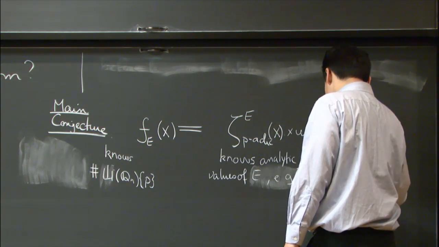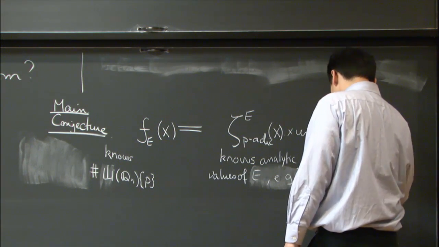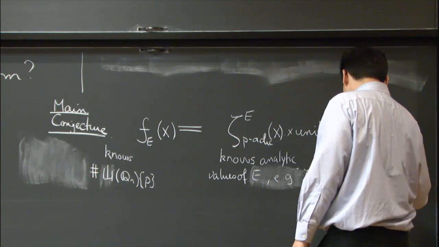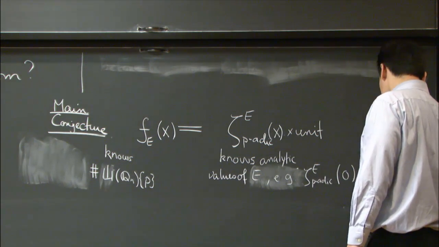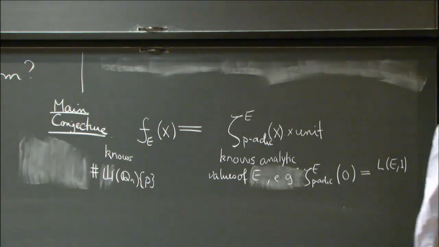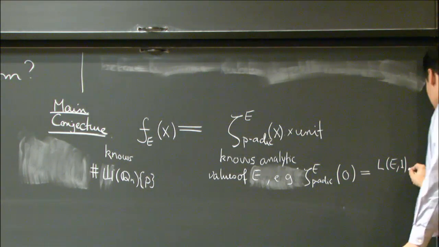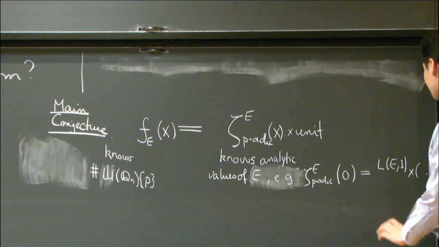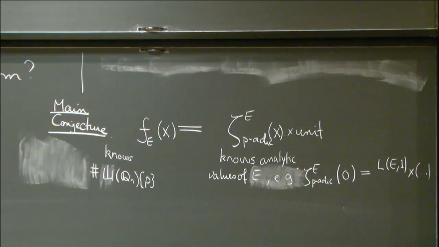Let me give you an example. If you evaluate this function at x equal to 0, then this gives you the value of this L function at 1 times some normalization constant. So what's this main conjecture good for?